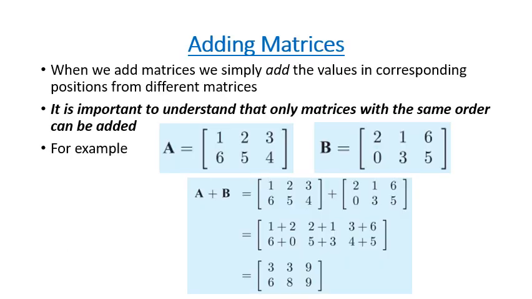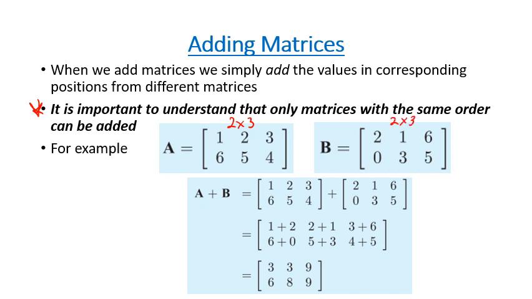So when we look at doing operations with matrices, we're going to go through an example with adding. So we simply add the values of the corresponding positions in the matrices in order to find our result. Okay, so one key thing to remember here is that you can only add matrices if they have the same order. So in this particular example, we have a 2 by 3 and a 2 by 3, so we can add them.